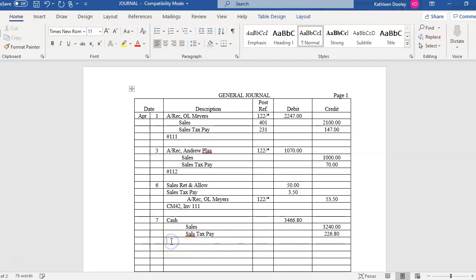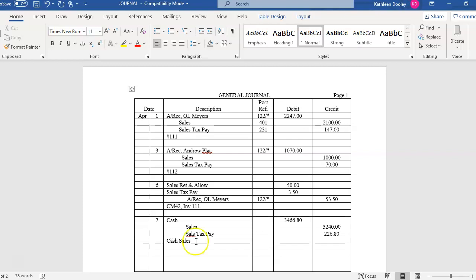And for our explanation, we can put cash sales. Now, there's probably some kind of cash sales report that may be consecutively numbered. So if it was from a particular report, we would say cash sales report number 286 or whatever it is.